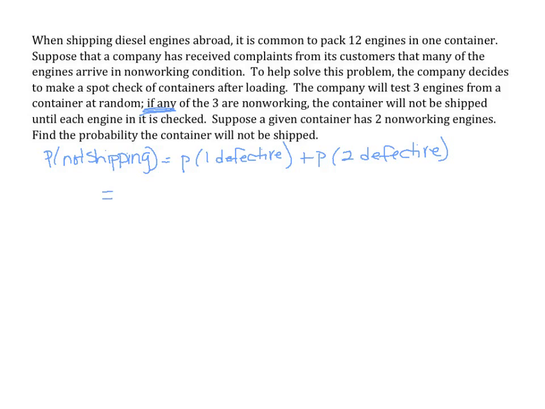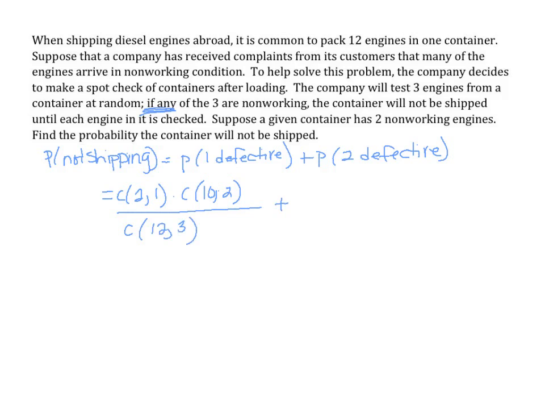So if I wanted to find the probability of having 1 detected, we have 2 that are not working. We want to find the probability of one of them. And we also have to take into consideration that we have 10 more engines, that hopefully choosing the other 2 will work. This is all over choosing, of the 12, choosing 3.